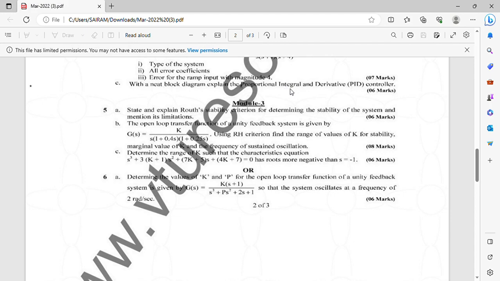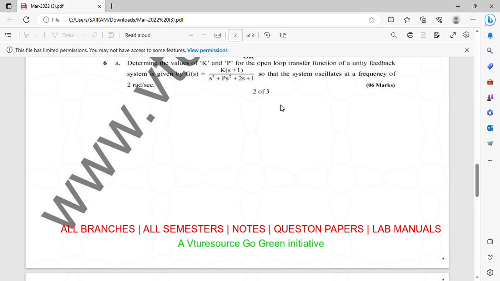Before that, one more thing: please do watch the previous video, because in it I told you the tips and tricks on how to write answers for the particular question. If you have less space, you should not start that problem, because when you make the Routh array table, it becomes half and half, with half the table on one page and half on the other.